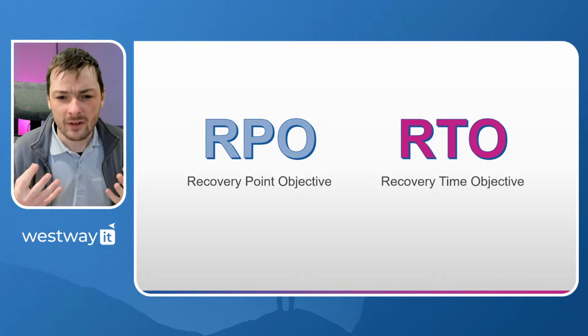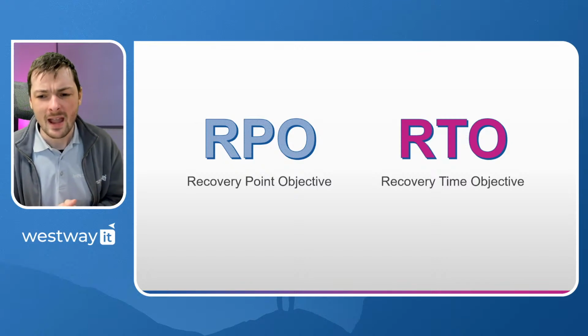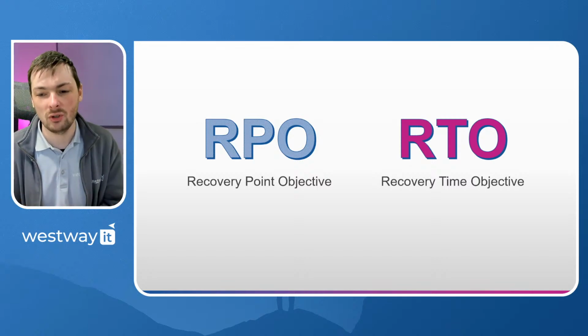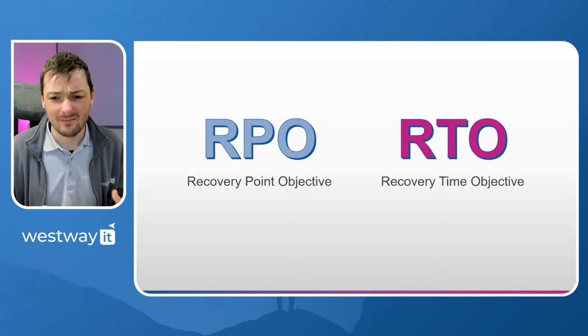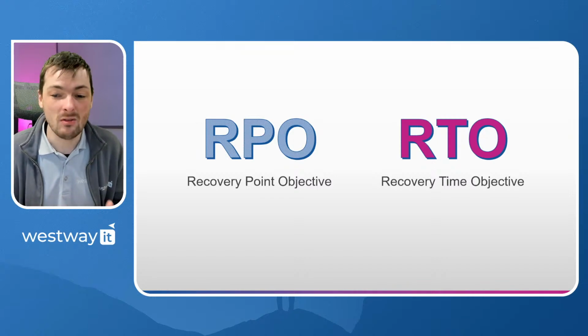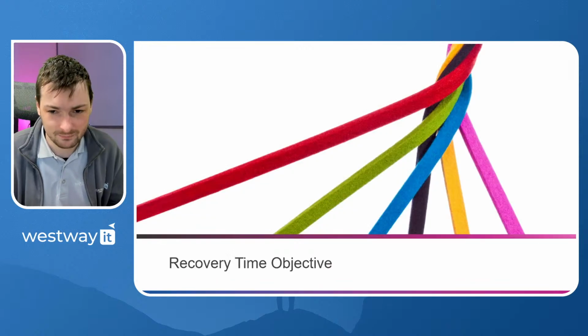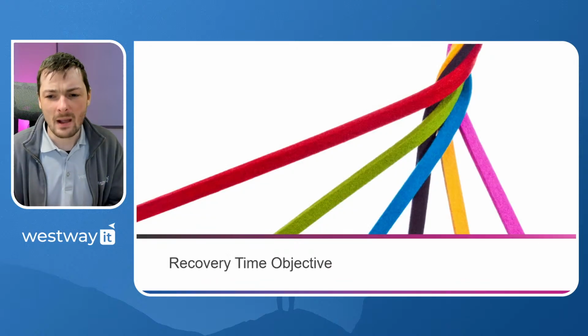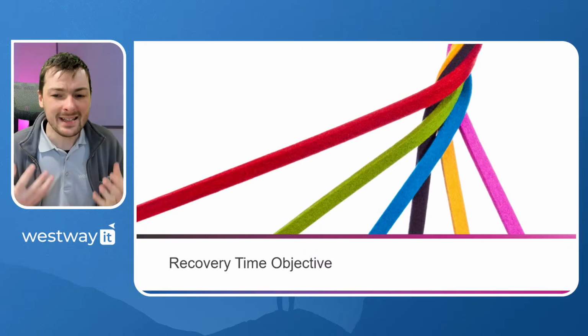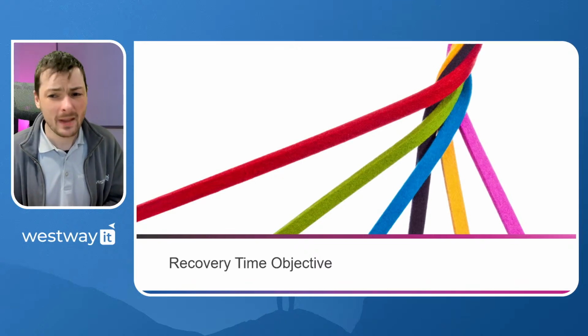Then we have the recovery time objective. This is how quickly you want to be able to recover into a functional state, and this figure needs to be realistic and it's going to depend on your circumstances. How can we plan for the recovery time objective? If you need instant recovery, be prepared to spend quite a lot.